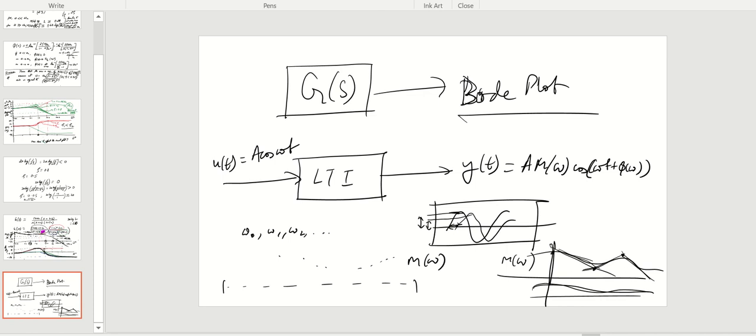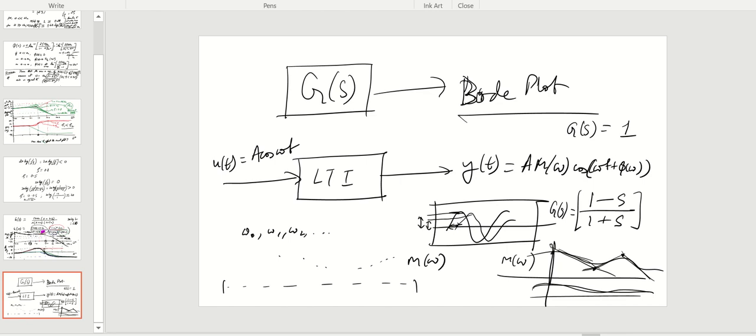But remember, that is not quite true. The reason is that the transfer function (1 - s)/(1 + s) has exactly the same magnitude plot as G(s) = 1. So if you look at just the magnitude plot, there's no way you can distinguish between these two.